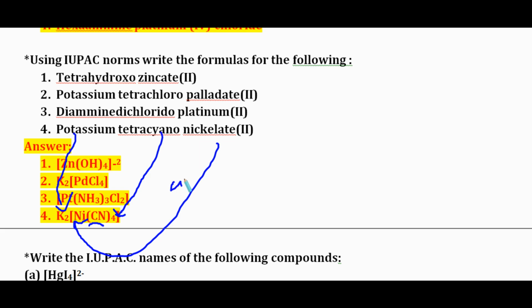CN has 4 minus, 2 are taken by Ni because its oxidation number is 2, and 2 is taken by K2.